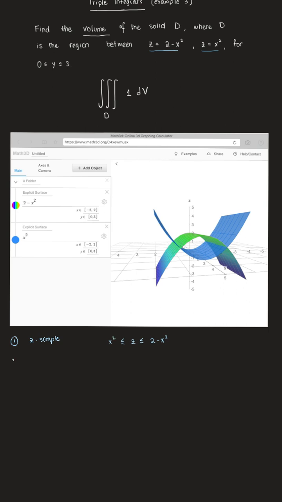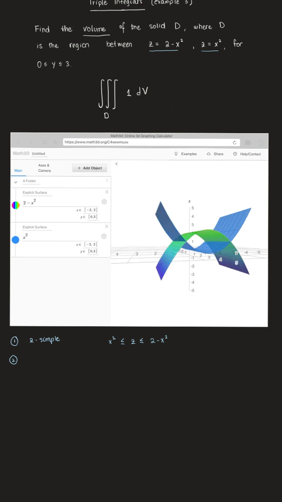Now, what we need to do next is figure out what is the region that is projected, or what's the footprint of the intersection of our two surfaces, onto the xy plane. And that's why I wanted to bring in math3d.org so you can visualize it. So let me show you.